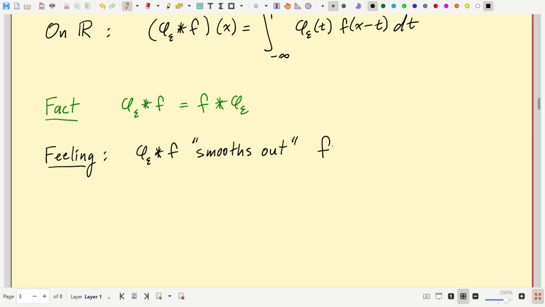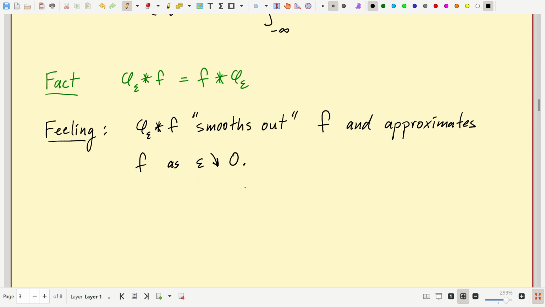And approximates it, as epsilon goes to 0. And now I want to show you why. It's a good kernel argument.